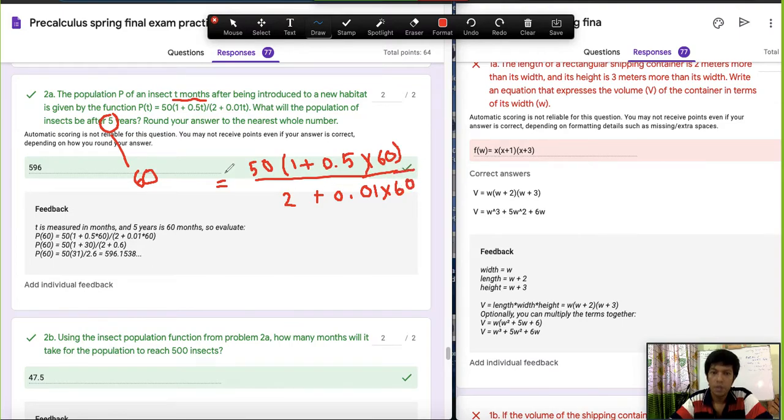Now you can do this in the calculator and it will give you the answer. You will get 596 point something. That will be the answer.